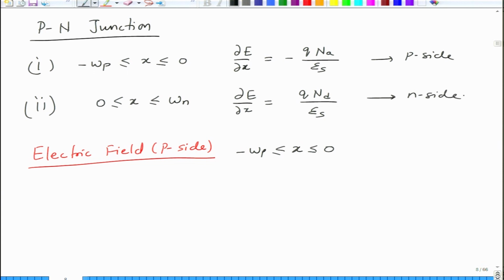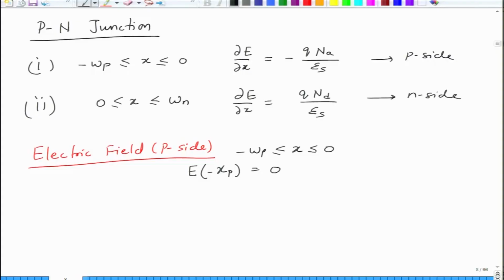For the electric field we need to apply first the boundary condition, that is E at minus Wp is equal to 0, which means at the far ends of the semiconductor the electric field is equal to 0, because the bands are flat, right. We then write dE equal to minus q N_A divided by epsilon S into dx.